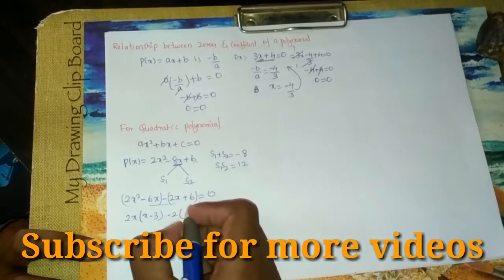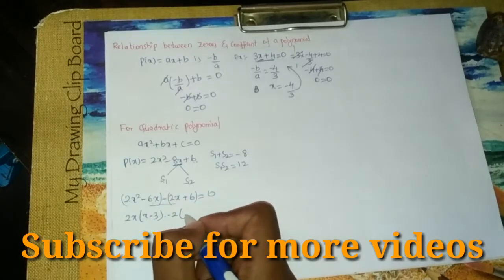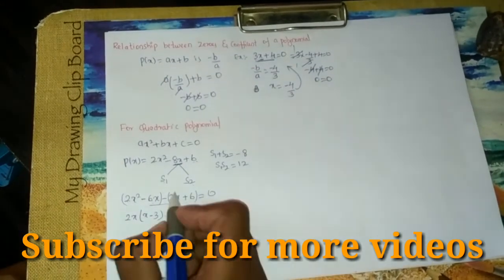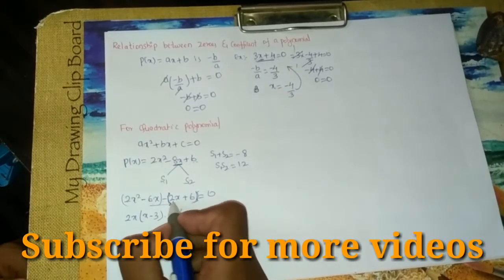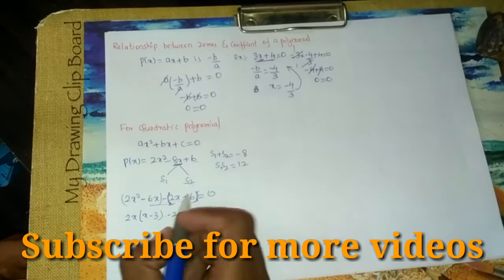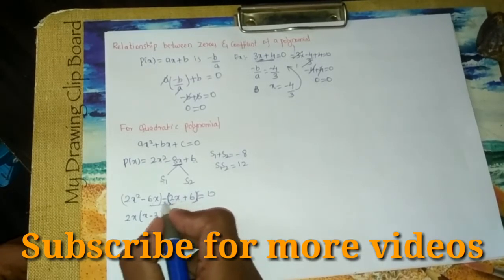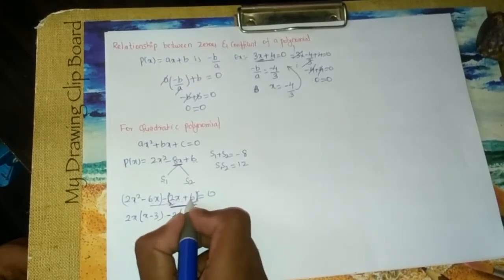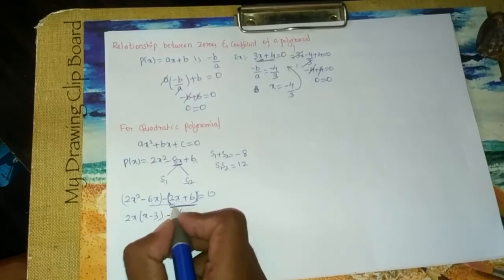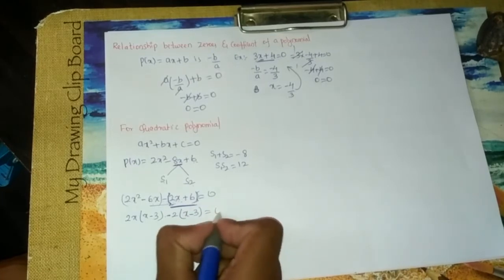I need not apply a bracket here, as this minus is with the 2 term. So I am taking minus 2x as common between these two terms, minus 2x plus 6, the common will be minus 2x. In the bracket I will be left with x minus 3 equals 0.